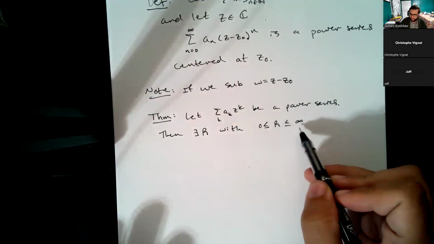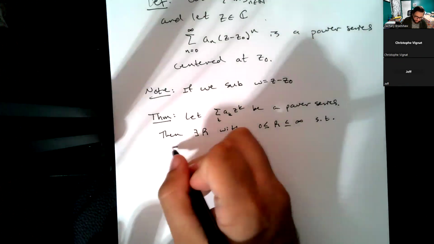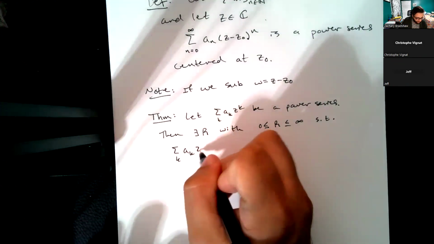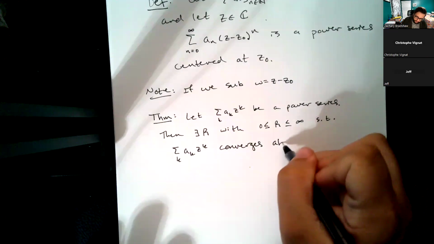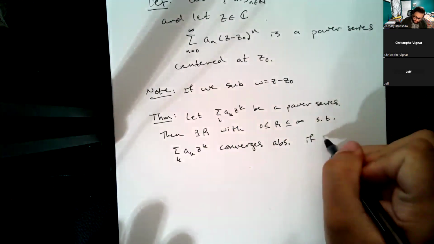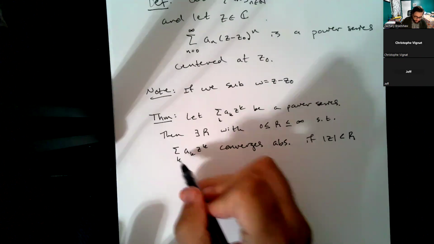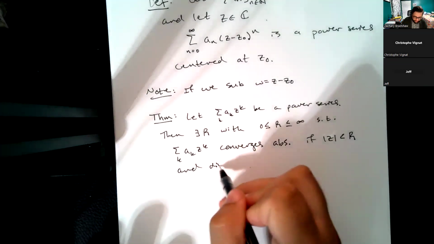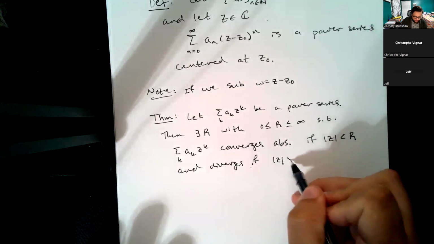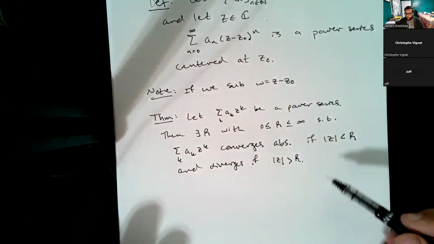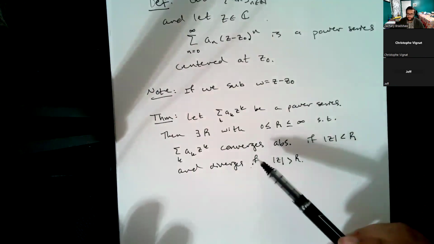R could be infinite, such that the power series converges absolutely if the modulus of z is less than r, and diverges if the modulus of z is greater than r. Notice I don't consider the modulus of z being equal to r. This theorem says nothing about that.